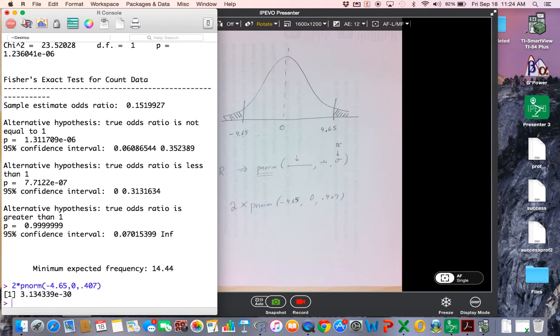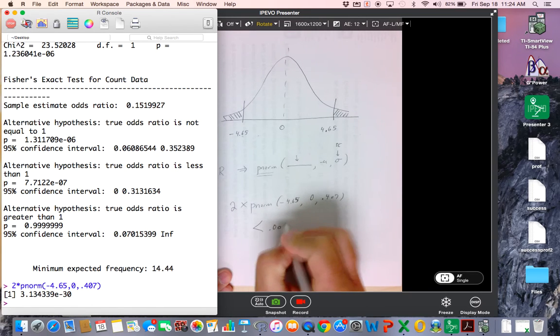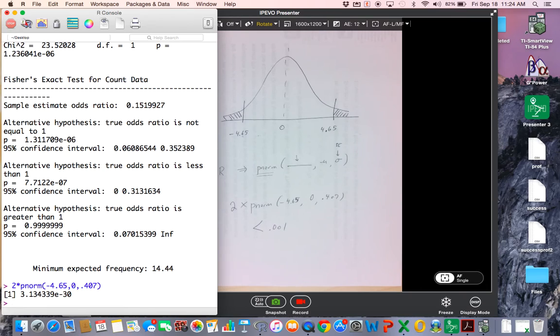All right, so we get an extremely low p-value, which is statistically significant at the 0.001 level. You can see there we have e to the negative 30, which is an extremely small value.